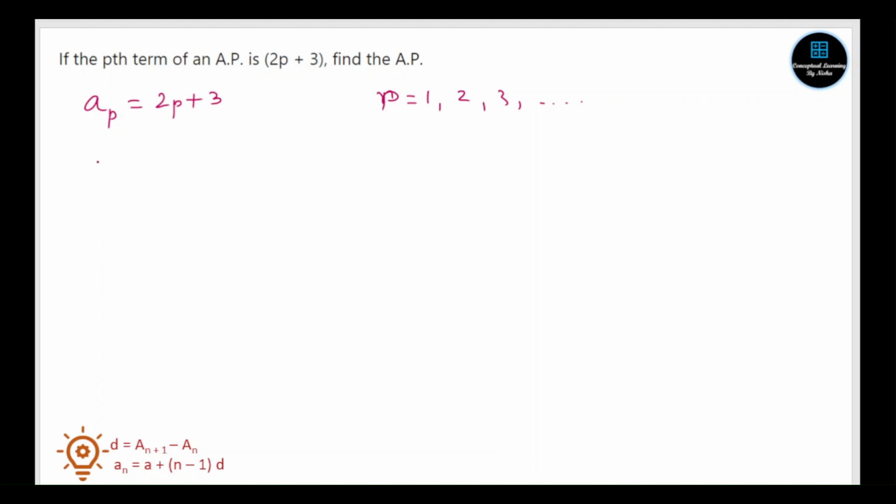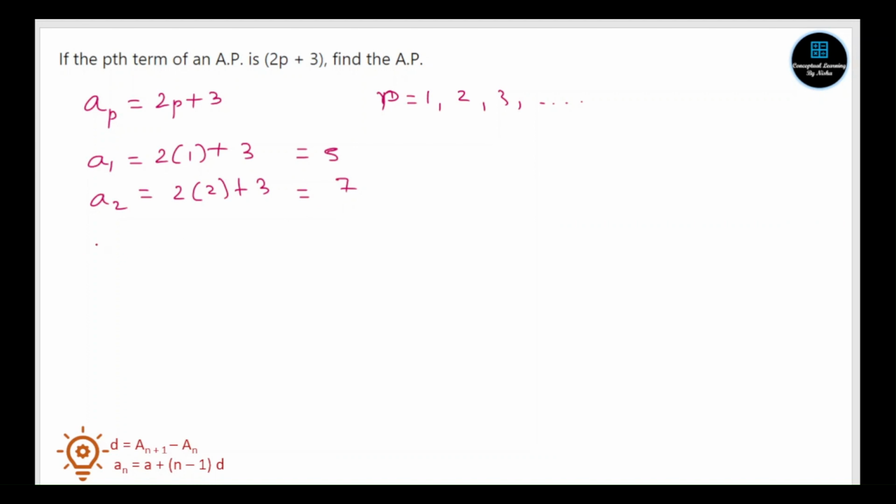If I put p equals 1, what I'll get? A1, or simply a, is 2 times 1 plus 3, which is 5. Then a2, which is 2 times 2 plus 3, which is 4 plus 3, 7.